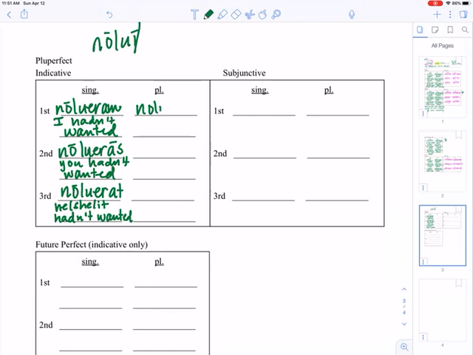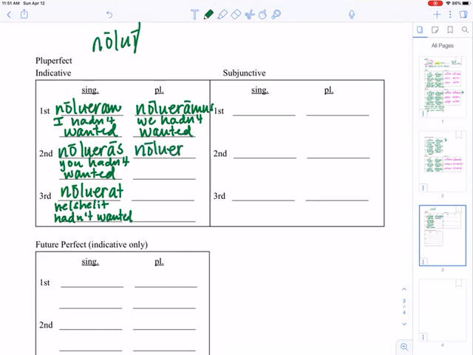We will have Nolu eramus. Okay, and we're going to have a macron over this A here towards the end. And this is we hadn't wanted.